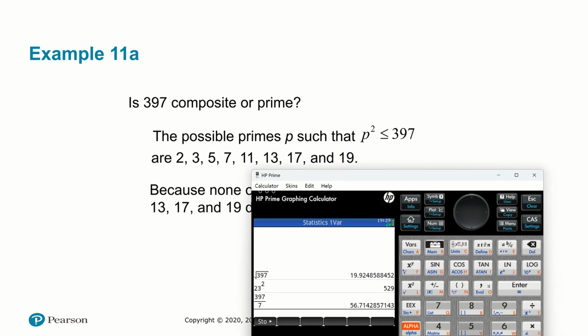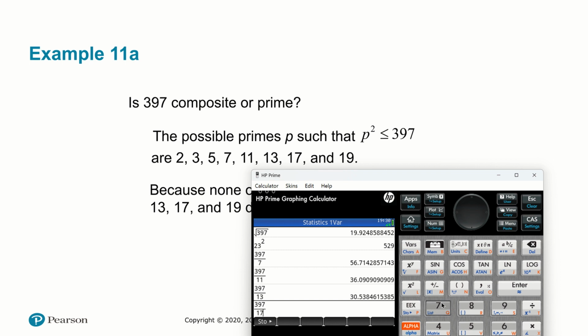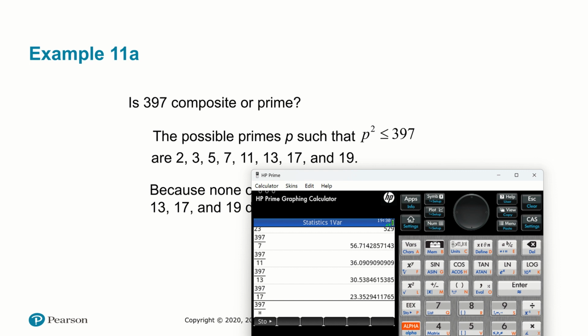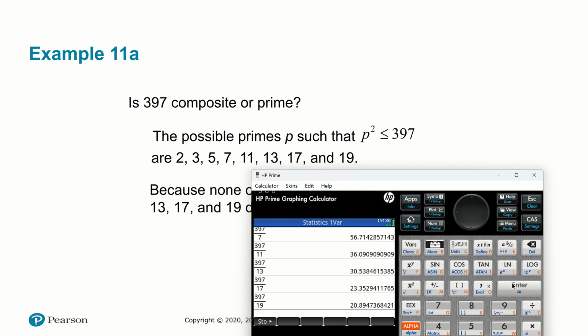And the same thing goes with all the other ones, like 397 divided by 11 doesn't work. 397 divided by 13 doesn't work. 397 divided by 17, see? You just check them quickly. And 397 divided by 19 itself also doesn't work.